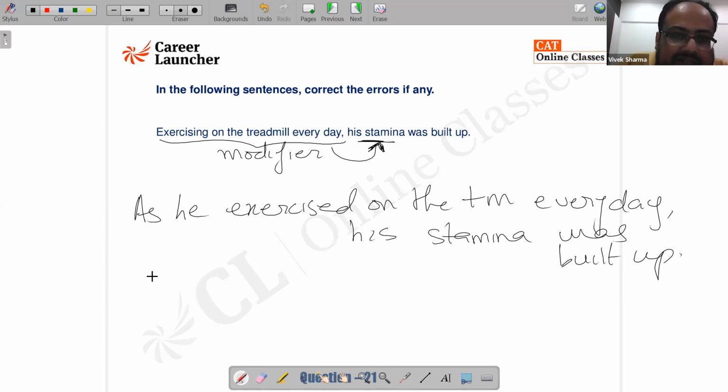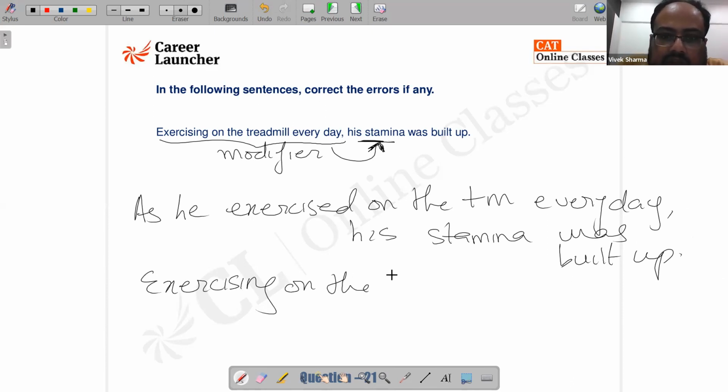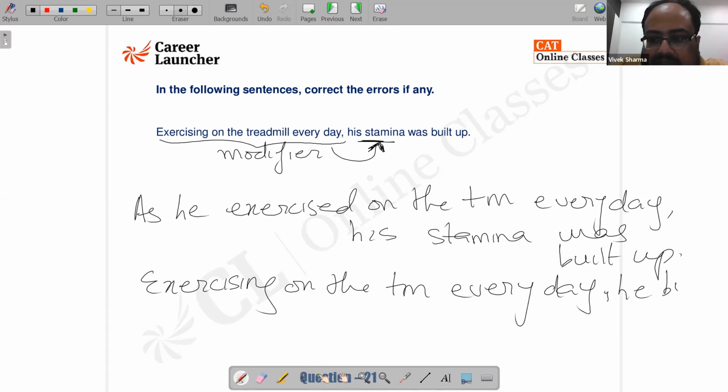Another way of correcting it is exercising. Ritik, just give me a minute, I'll come to your doubt. The other way to correct this is exercising on the treadmill every day, he built up his stamina.